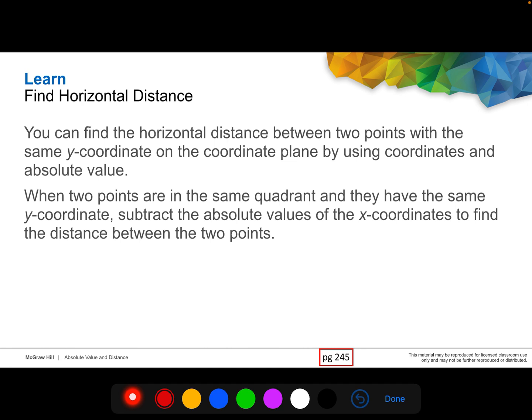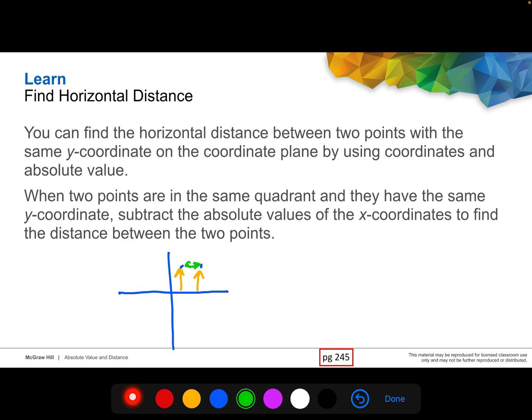For example, if you take 2 points that have the same y coordinate, that is, both of them are the same distance from the x-axis, then we can find the distance between them using the coordinates and absolute value. When 2 points are in the same quadrant and they have the same y coordinate, we subtract the absolute values of the coordinates to find the distance between the 2 points.